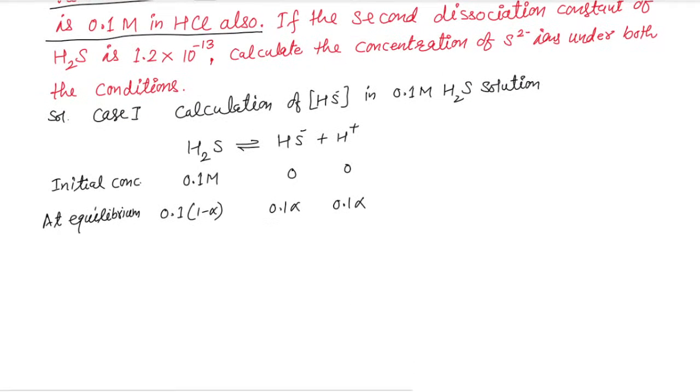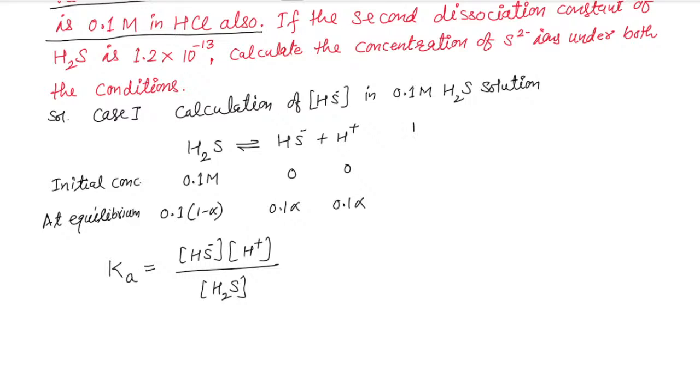So what is the value of Ka? That is 9.1 into 10 raised to power minus 8. So Ka equals HS negative ion concentration times H plus ion concentration divided by H2S concentration.